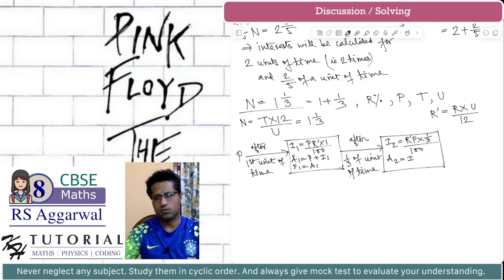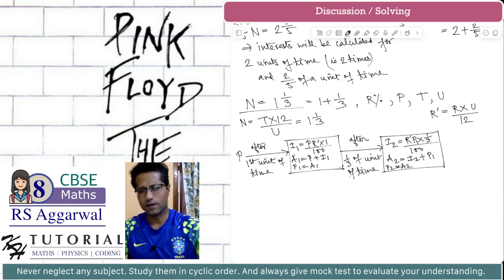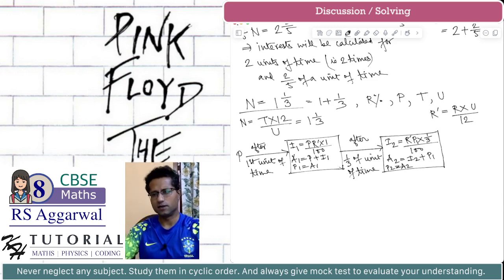A2 is I2 plus P1, and P2 is equal to A2. I hope you understood why we are multiplying 1/3 with R dash P, why I2 is equal to R dash P1 multiplied by 1 by 3 divided by 100. 1 by 3 is coming because we are calculating this interest I2 after 1/3 of a unit of time. If unit of time is 6 months, then 1/3 of unit of time will be 2 months.